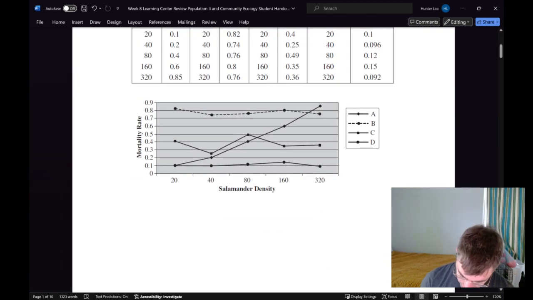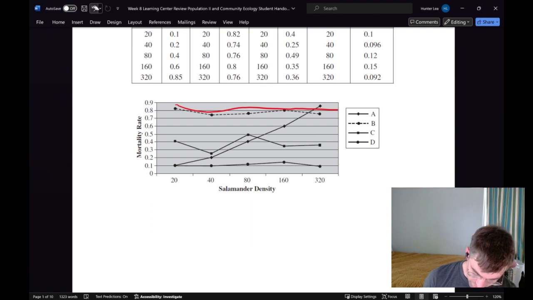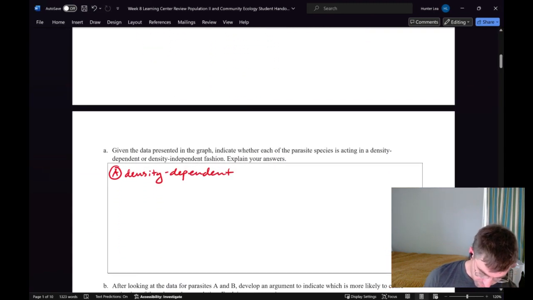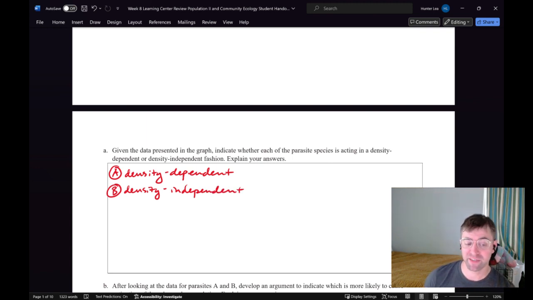Let's look at parasite B. We have our dotted line here. This one has a really high mortality rate regardless of population density. We have mortality around 80%. So parasite B is density independent. Population density doesn't impact it. The mortality rate's consistent. However, it's far more fatal than the control or any of the other parasites.